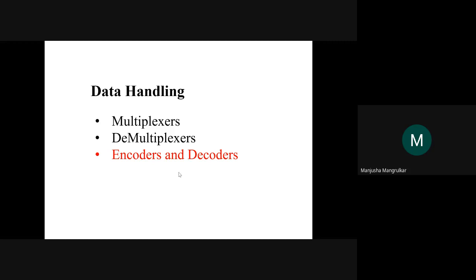Now, encoder and decoder. This is a similar concept, but they have different kinds of applications. We use the encoder and decoder for security purposes in digital communications. For example, we use email and banking, and we put in our passwords.